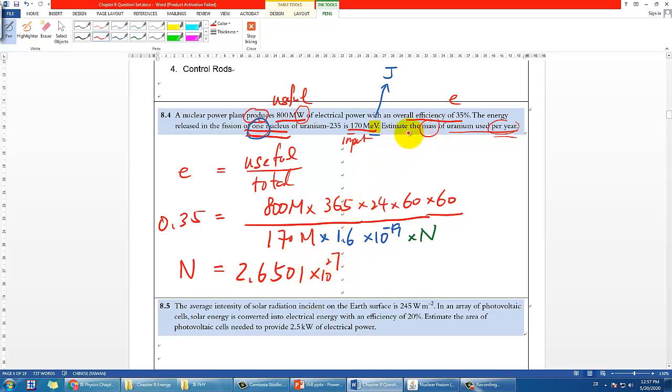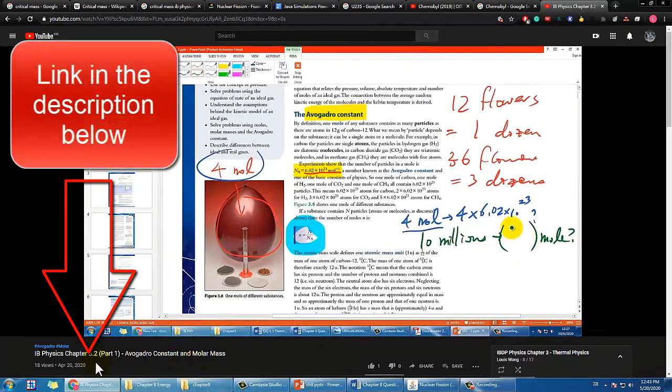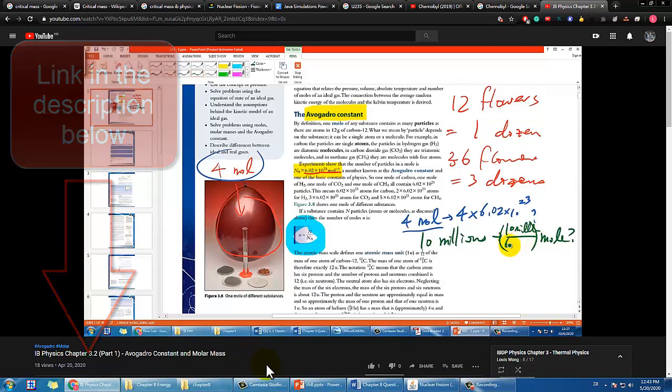So in order to find out the mass, I think the easier way to do is to find out how many mole first. So there's an equation that you learned in chapter 3. Again, if you don't remember, you can visit my video in chapter 3.2 part 1 about Avogadro constant and molar mass.